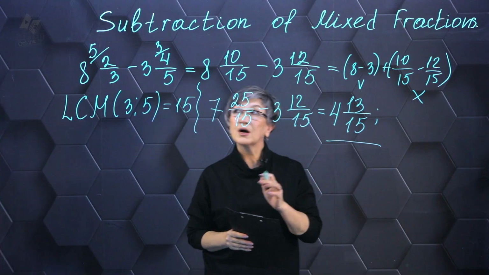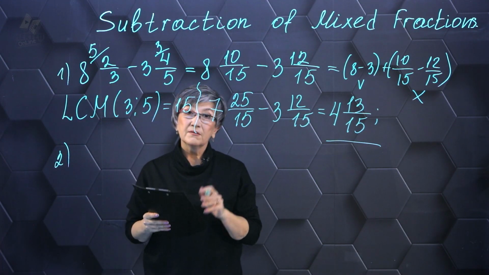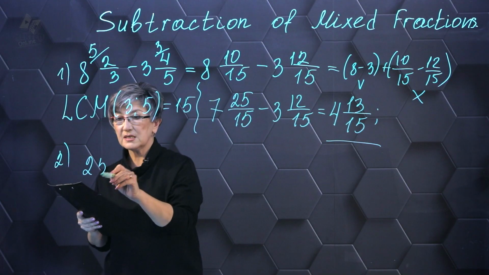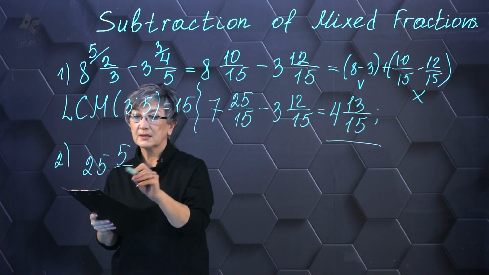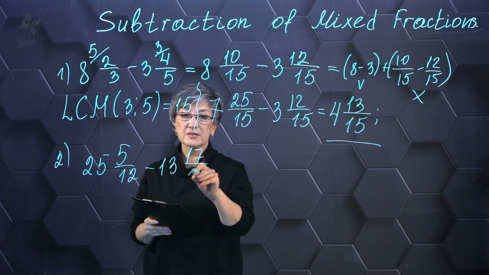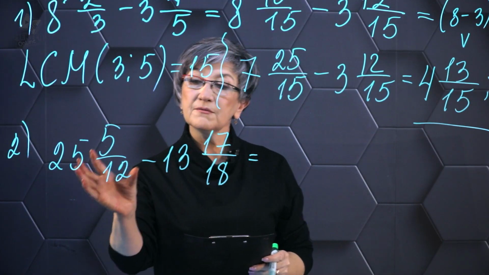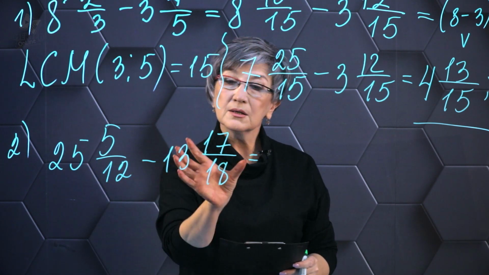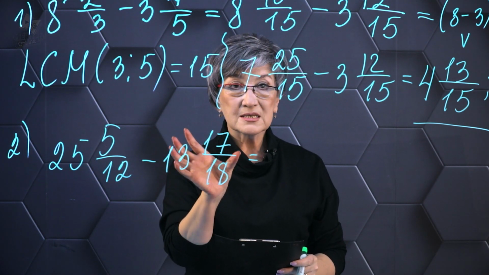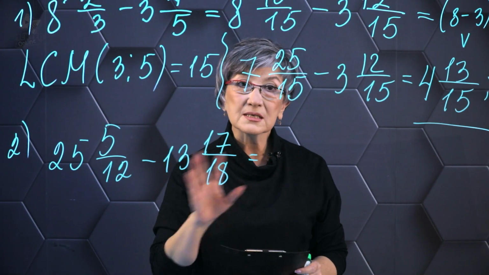Let's do one more example to reinforce it. Let's take bigger numbers: 25 and 5 twelfths minus 13 and 17 eighteenths. Once again, step 1: let's pay attention to the numbers. These are mixed numbers with different denominators.